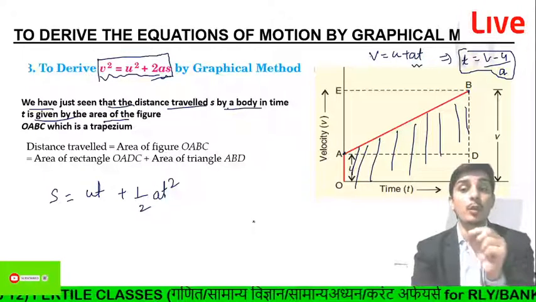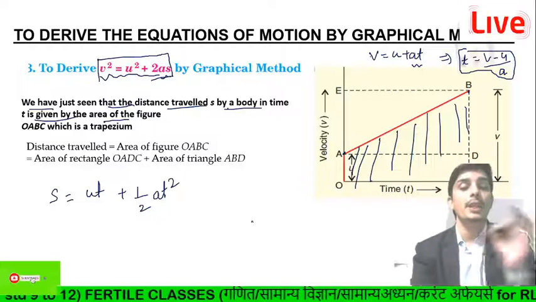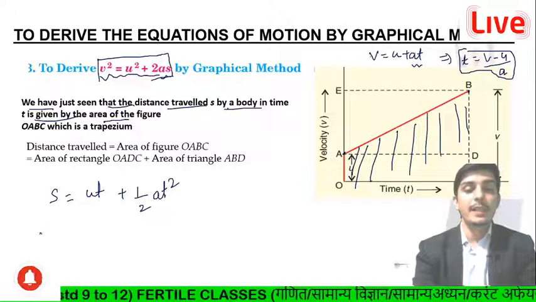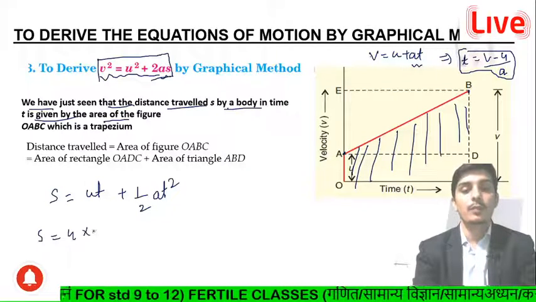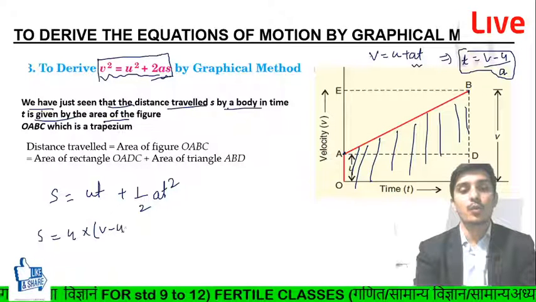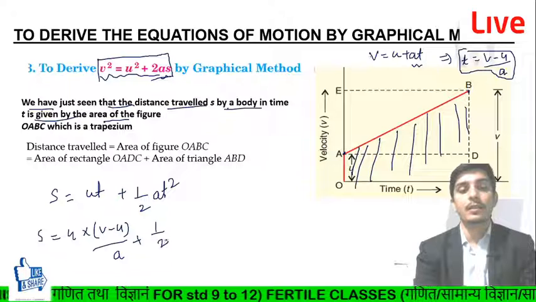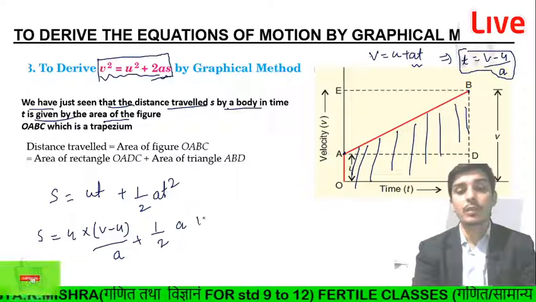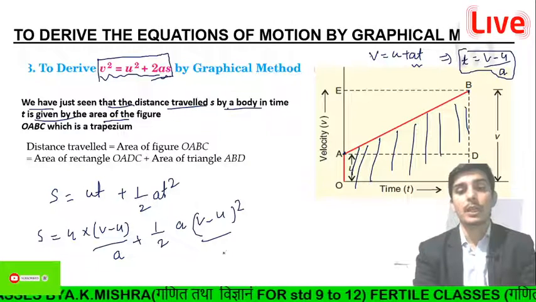Now I am going to put this value t equal to v minus u by a instead of t. So we can write s equal to u into v minus u by a, plus 1 by 2 a into v minus u whole square by a.